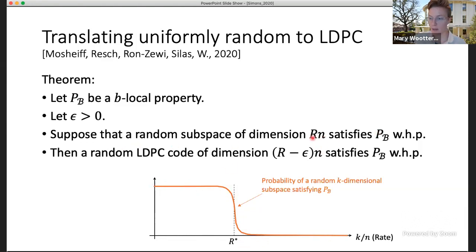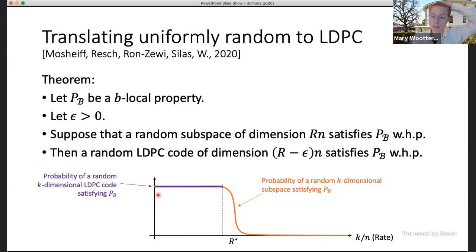So if a random subspace satisfies this property with high probability, that means that R is a little bit less than some R star. So we're in this regime over here. Then the conclusion of the theorem is that a random LDPC code of dimension a little bit less also satisfies that property with high probability. So we can sort of bring the positive part of this curve to random LDPC codes. So the probability that a k-dimensional LDPC code satisfies this property is also high.